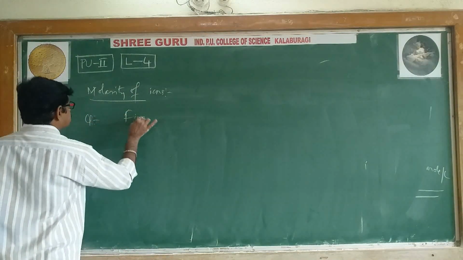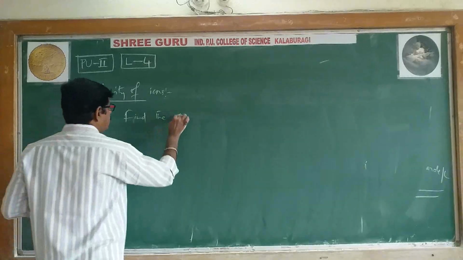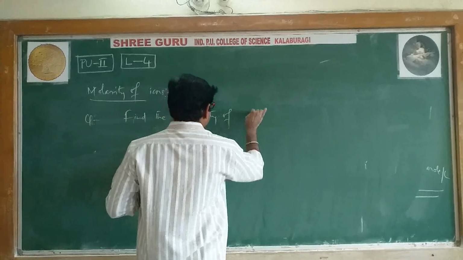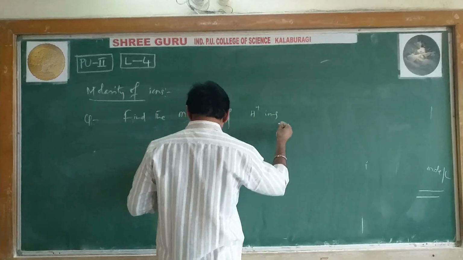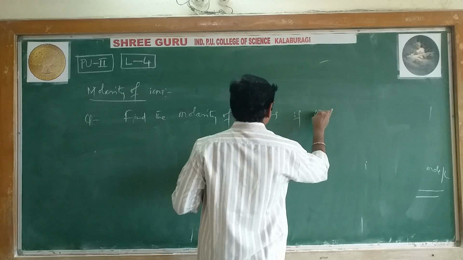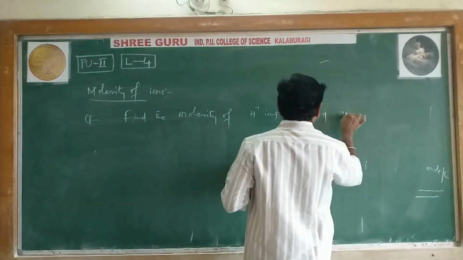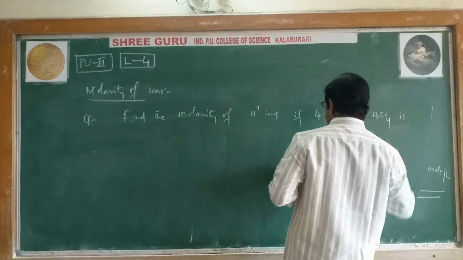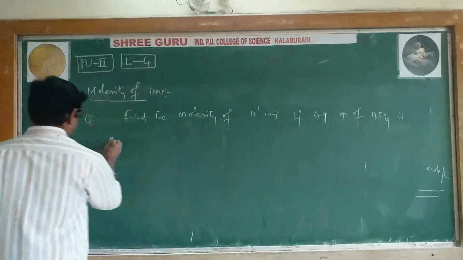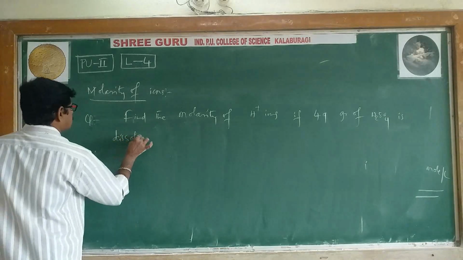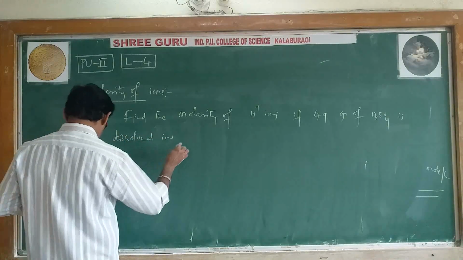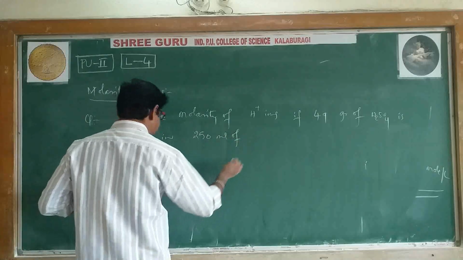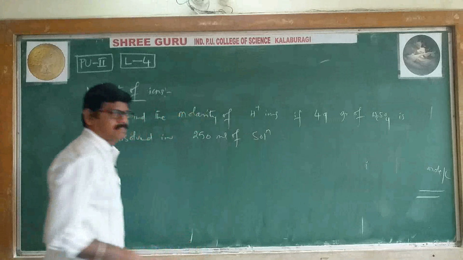Find the molarity of H plus ions if 49 grams of H2SO4 is dissolved in 250 ml of solution. That's it.